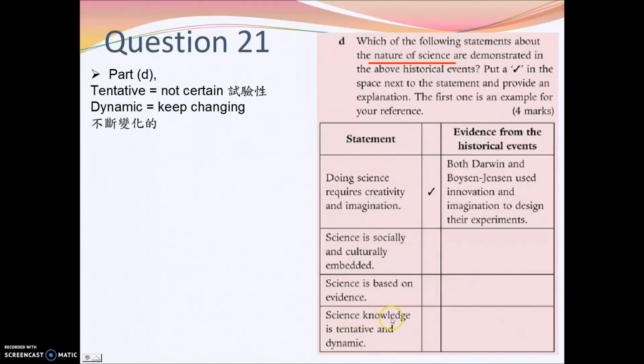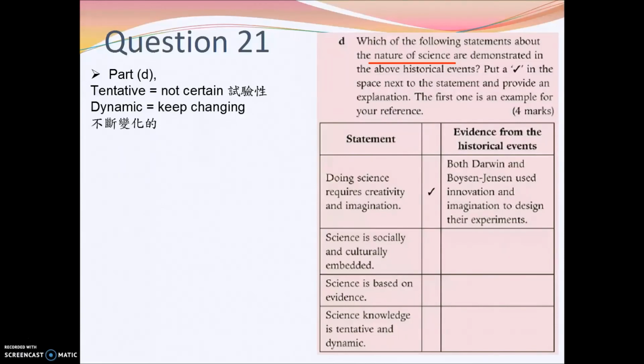And also, science knowledge is tentative and dynamic. Tentative means not certain, and dynamic means it keeps changing. So the concept is that today a certain experiment is done, and a certain conclusion is drawn, and it is very convincing for people.